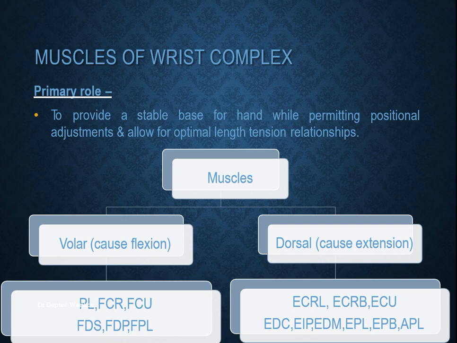These are the extensor digitorum communis, the extensor indicis proprius, the extensor digiti minimi, the extensor pollicis longus, the extensor pollicis brevis, and the abductor pollicis longus. The extensor digitorum communis and the extensor indicis are also known more simply as the extensor digitorum and the extensor indicis proprius.